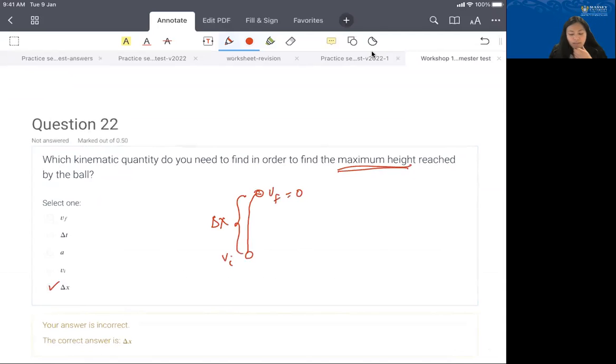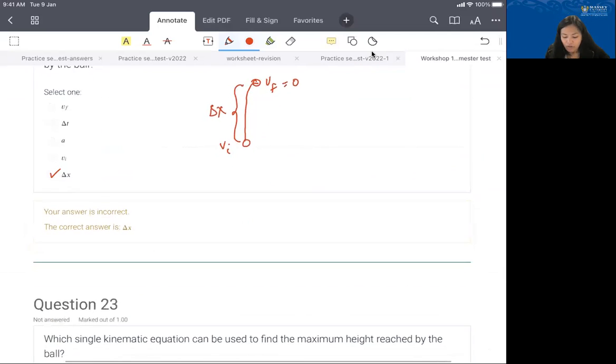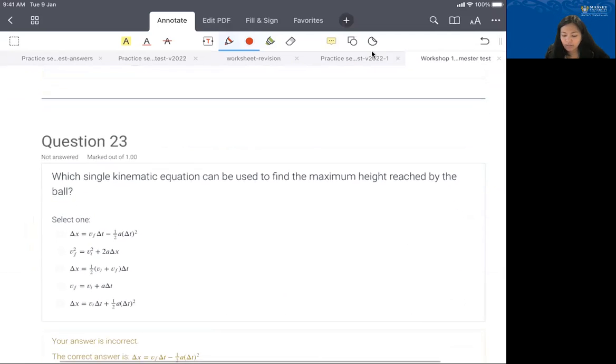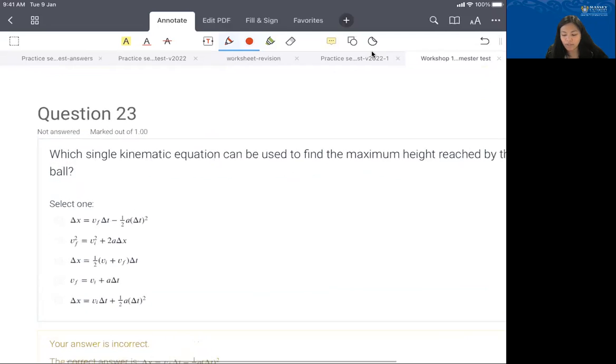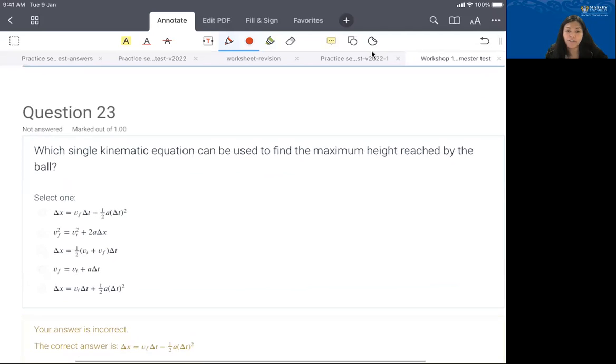That will be delta X. Which single kinematic equation can be used to find the maximum height, delta X? So we're still wanting to find delta X.